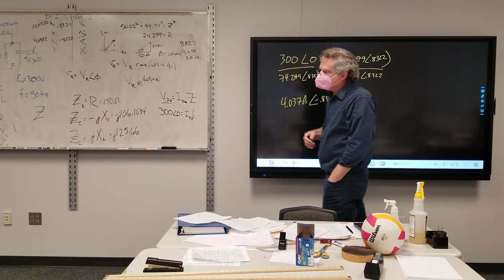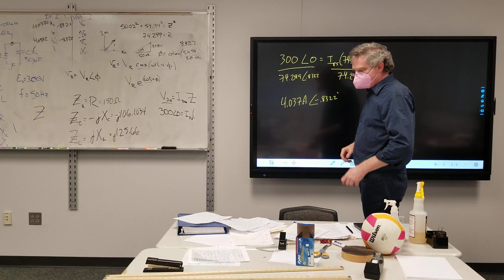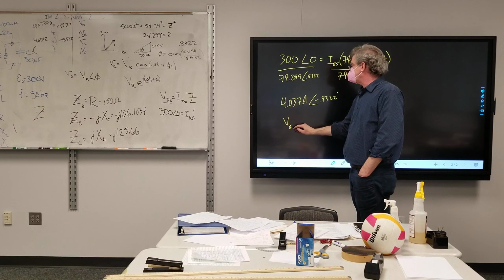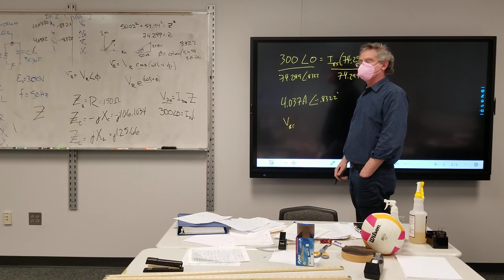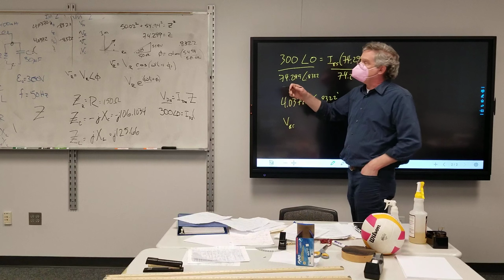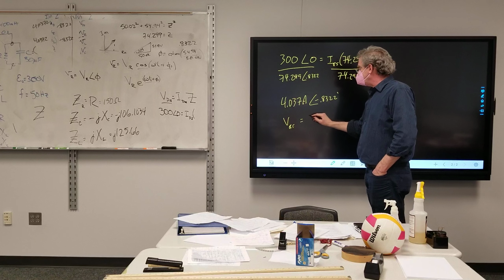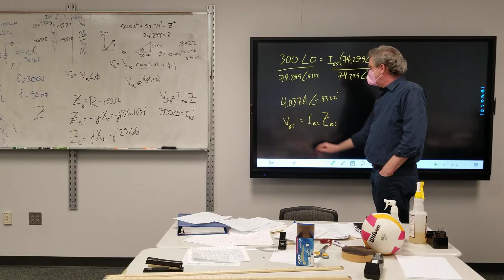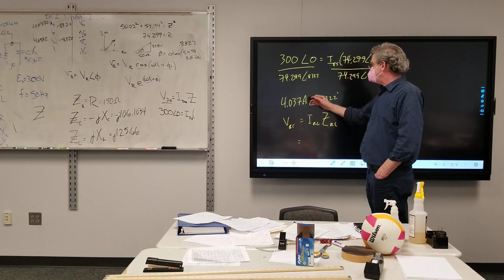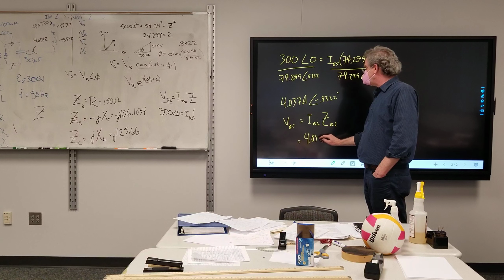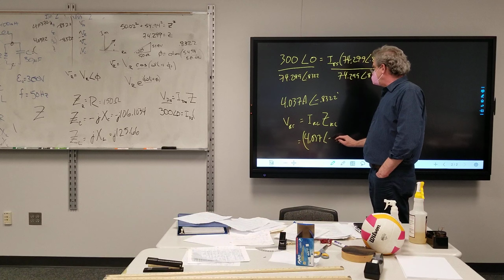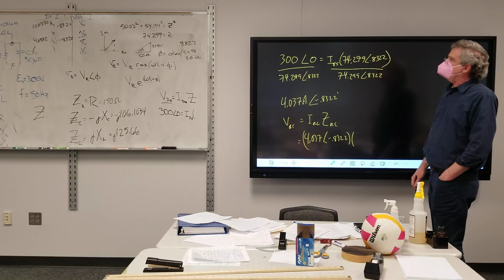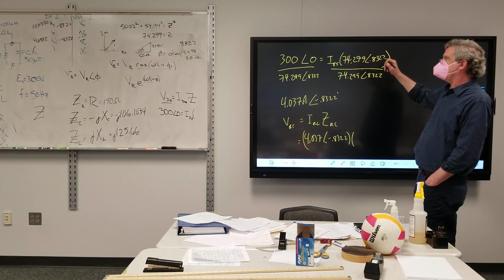So I can now find the voltage across the parallel structure. The voltage going into my parallel structure has to be the current going into the parallel structure times the impedance of the parallel structure. The current into the parallel structure, we just found that, is 4.037 at an angle of negative 0.8322. Z, we had calculated before, but I have erased.